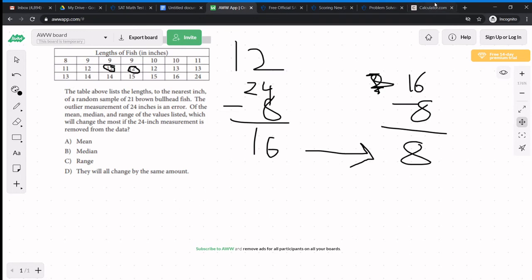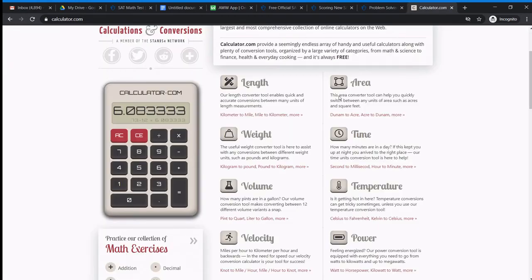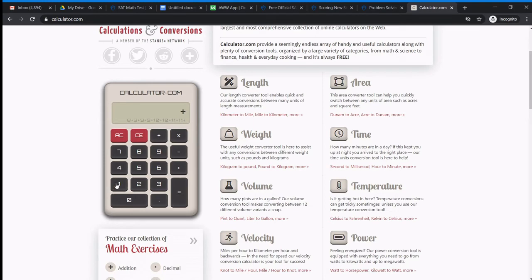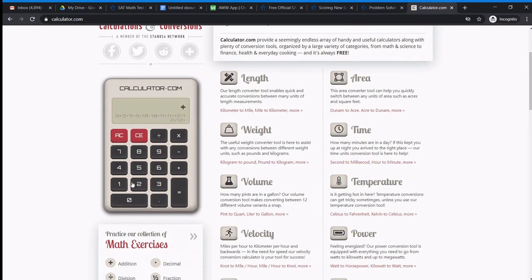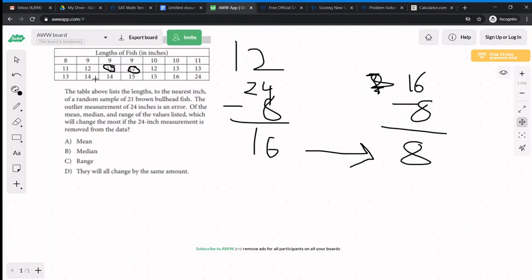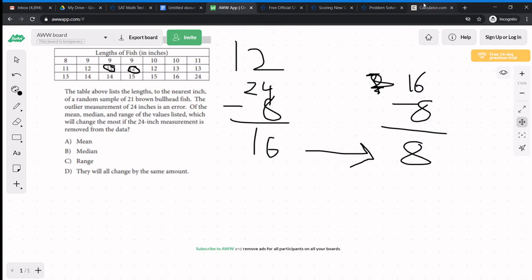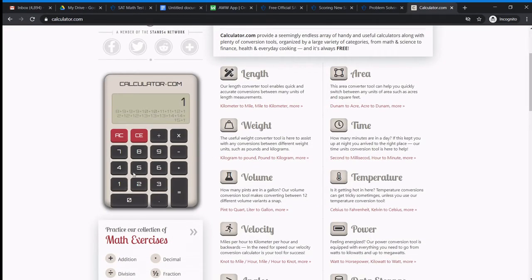But if you want to do it precisely, you would just add all these together. 8 plus 9 plus 9 plus 9 plus 10 plus 10 plus 11 plus 11 plus 12, 12, 12, 12, 12 plus 12 plus 12 plus 12, 13, 13, 13, 14, 14, and 15, 15, 15, 16, and we get 253.